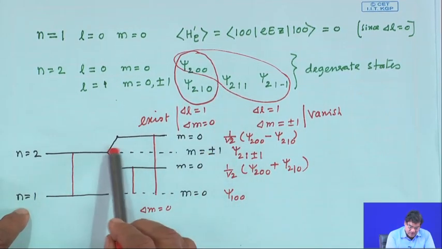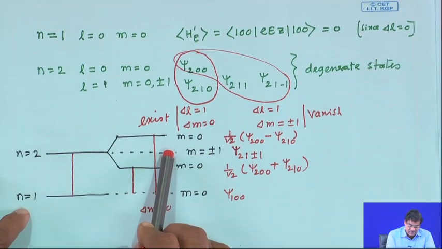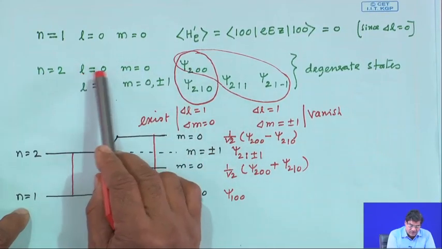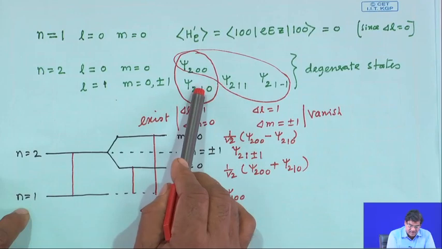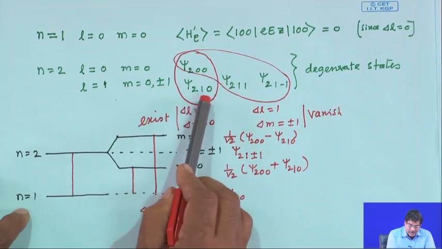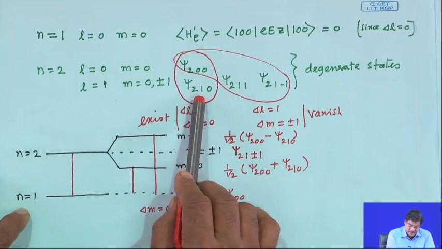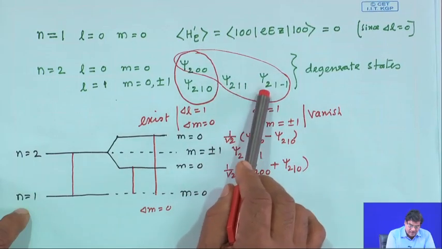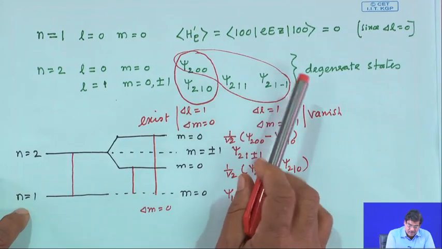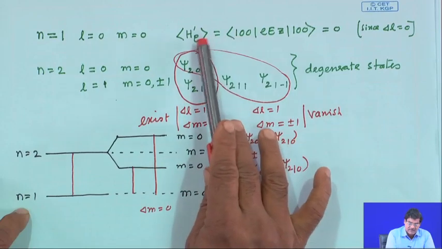Here one wave function is L equal to 0, m equal to 0, and the other is L equal to 1 and m equal to 0. For the other states where m equal to plus or minus 1, we have seen that this term will vanish.